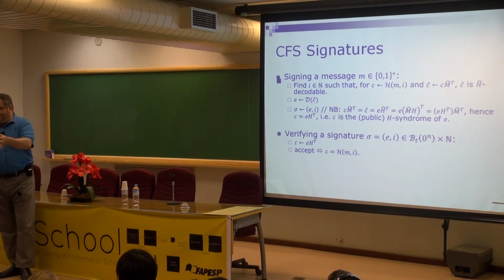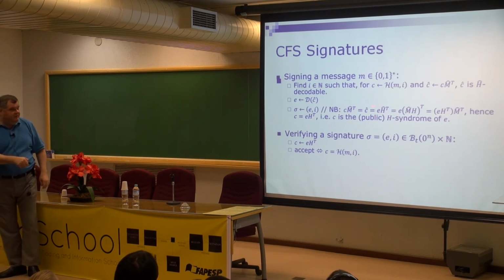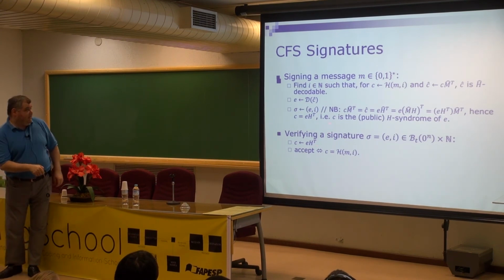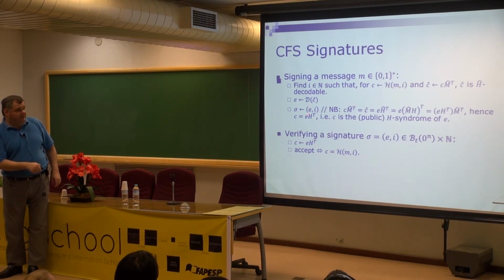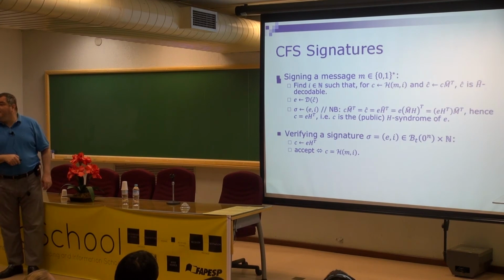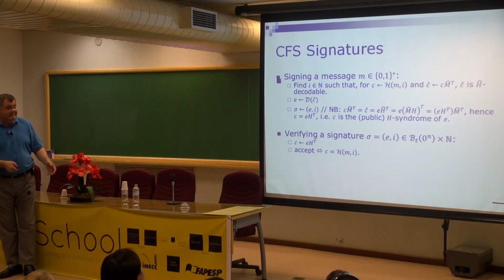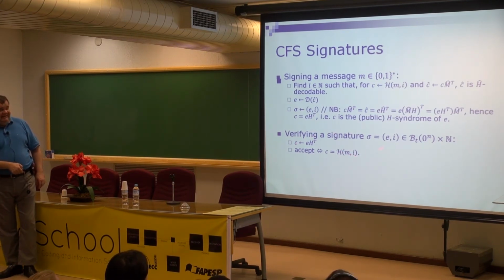Here is a short vector whose syndrome corresponds to the hash of that message with this counter. So the whole signature is the pair: short vector e and the counter value. How do we verify that? Well, compute the public syndrome C and check if the hash of the received message and the counter, the second part of the signature, match.